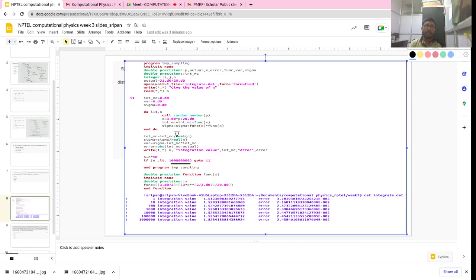Okay, and then I am using that method of Monte Carlo simulation, and I am going to add my function for those particular x values which are completely random. This function is defined in this way.